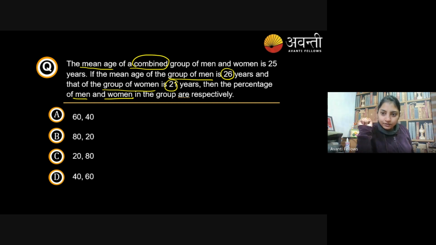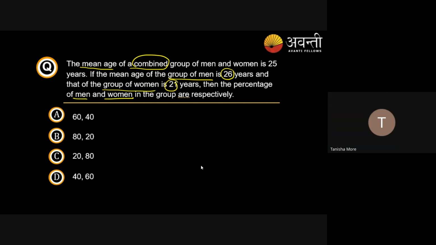Yes, combined formula I need to use, but the number is not given to me. So was any hint already there in the question, or do I need to think of something? Ma'am, I can't see any hint.